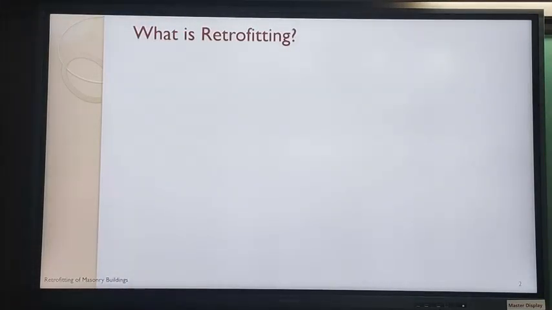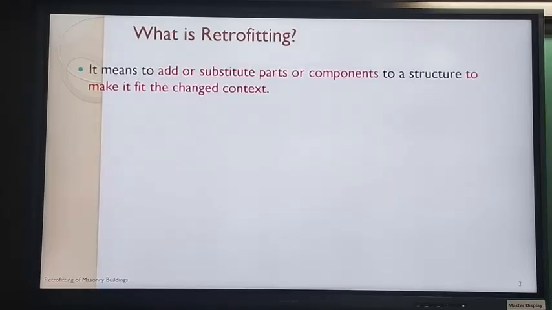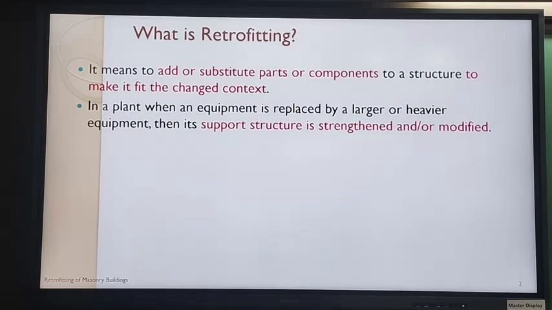What is retrofitting? It means to add or substitute parts or components to a structure to make it fit the changed context. An example of that is, you are in a factory or a plant, and some equipment is changed. Equipment may be heavier or bigger. Then you don't necessarily demolish the support structure.